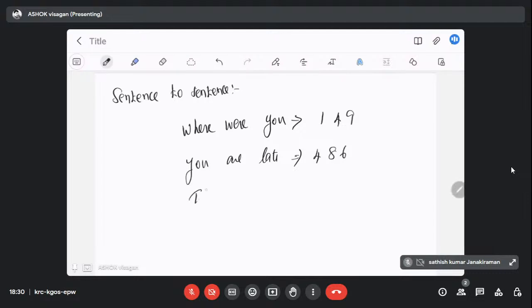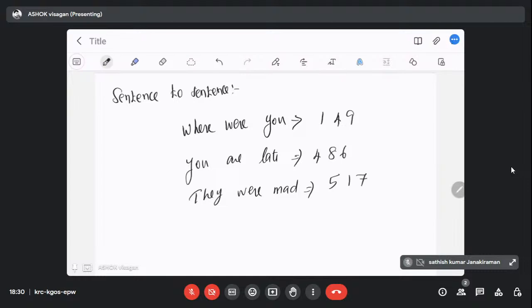And the last one is they were mad. They were mad is coded as 517.